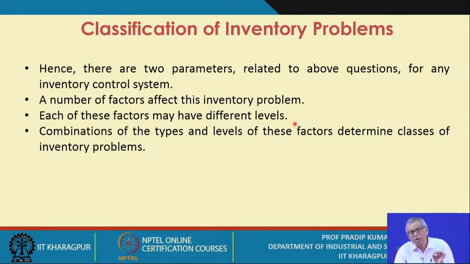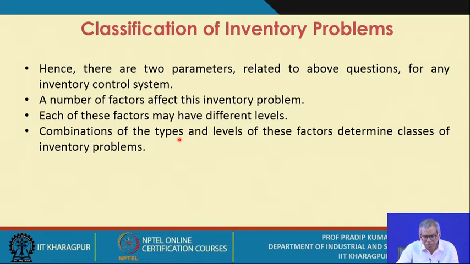First we'll identify the factors which determine an inventory problem, then we'll look into each factor in detail and under how many different ways the factors can be leveled. We'll identify those levels against each factor, and then we'll be able to classify the problem. This classification process we are going to discuss in a systematic manner.